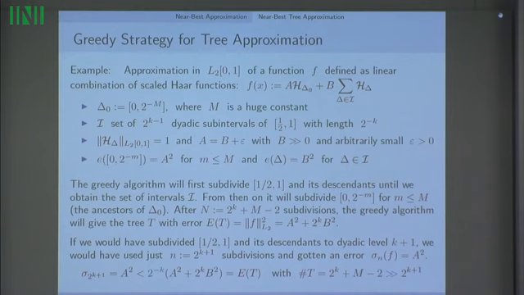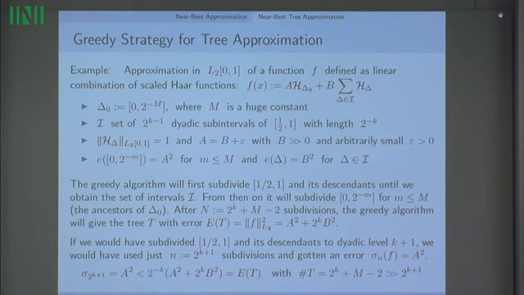So this is an example which tells something about the greedy strategy, which is kind of the most natural strategy for such an approximation, which actually fails. If we have the L infinity norm, probably that's the best we can do. But when we have an integral norm, then we might fail.